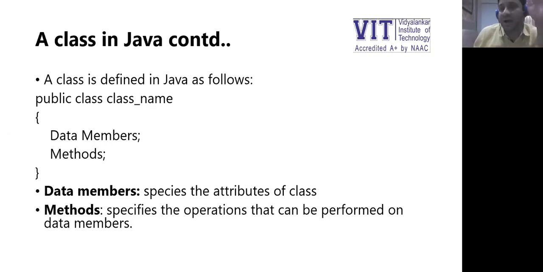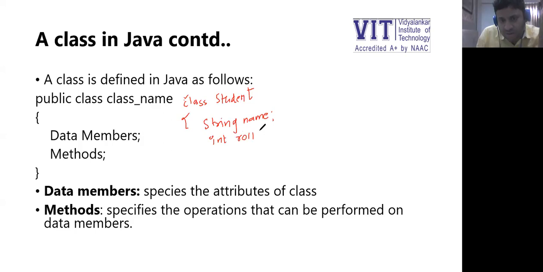When I'm talking about data members, I mean it specifies what kind of data members you intend to use. Suppose there is a class student, so we can specify data members as string name, int roll number, float percentage.